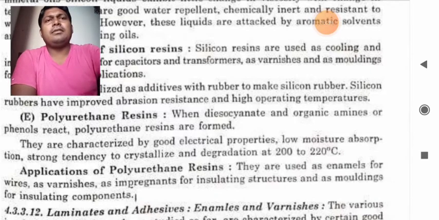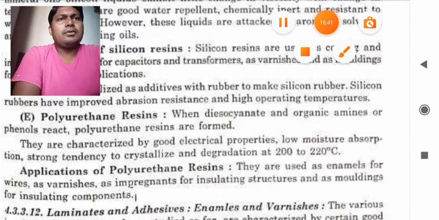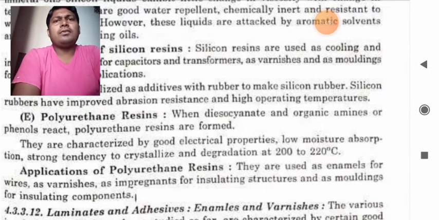Now, application of these resins: they are used as enamels for wires, as varnish, as impregnants for insulating structures, and as moldings for insulating components.